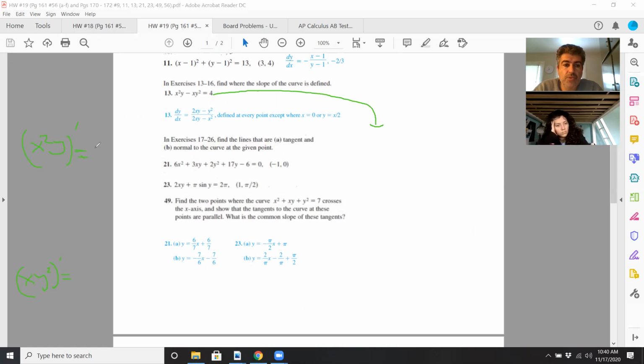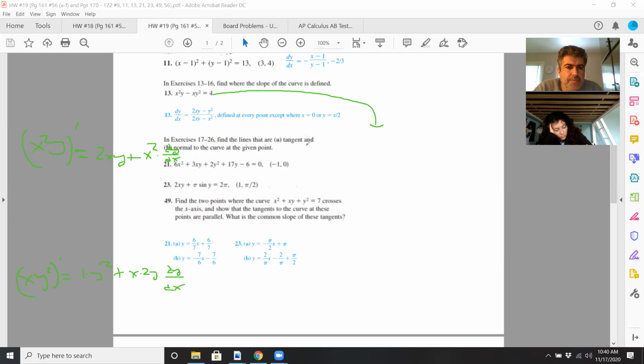So you take the derivative of x squared, which is 2xy, plus x squared times dy dx. Easy peasy, right? Here, take the derivative of x, was 1 times y squared, plus x times 2y times dy dx. Again, easy peasy, right? Not too hard.